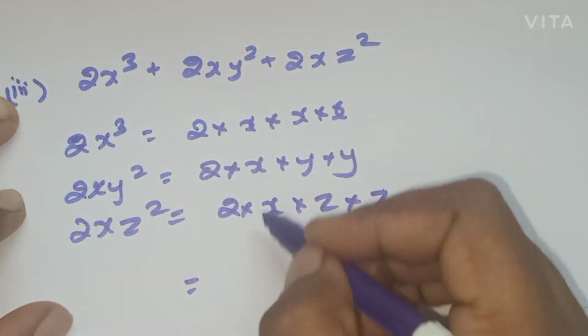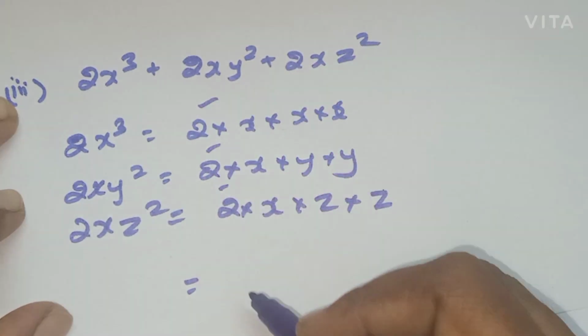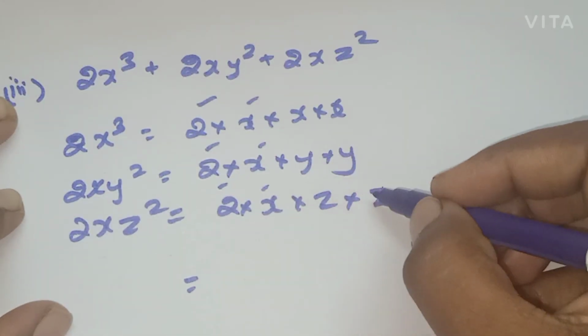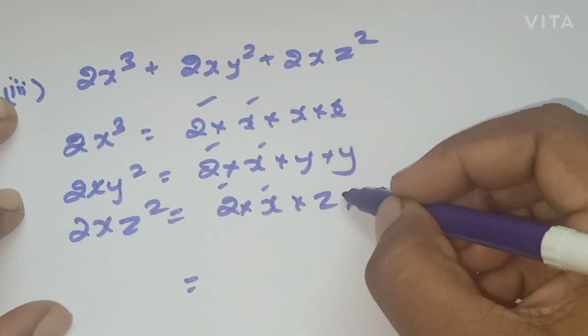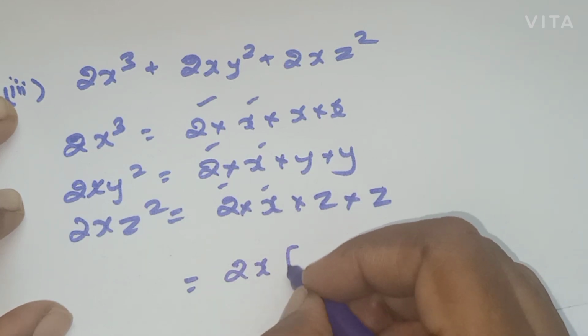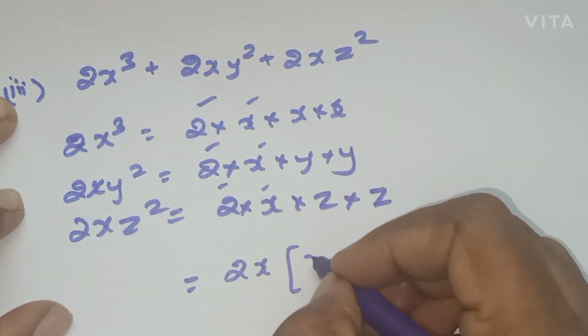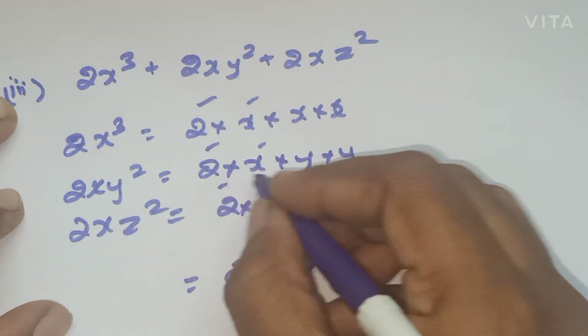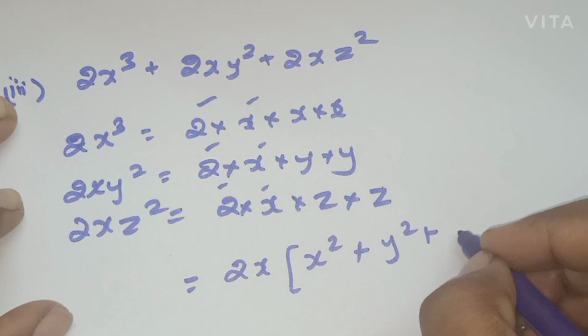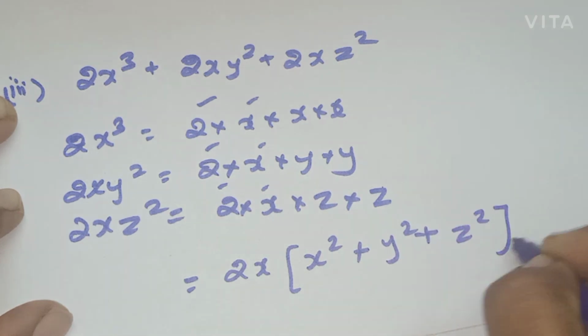Now what are the common terms? 2 is present everywhere, x is present everywhere, and one more x, no. So that's all. We can take 2x commonly out, remaining x into x is x square plus y into y is y square plus z into z is z square to be the answer.